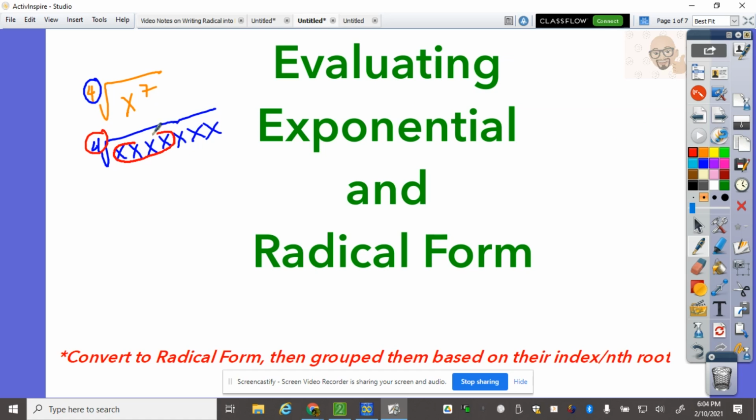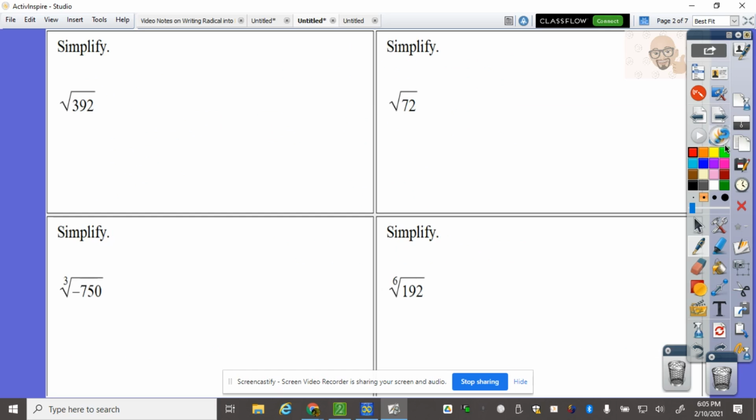So this group of 4 will cross out, but there will be an x stepping out, and there will be a fourth root of x to the third power because there are 3 x's left. And this is how we're going to simplify and evaluate our exponential or radical expressions.